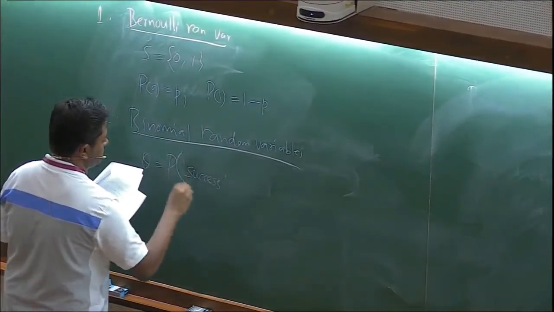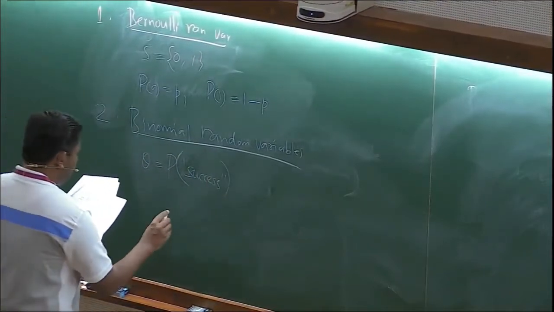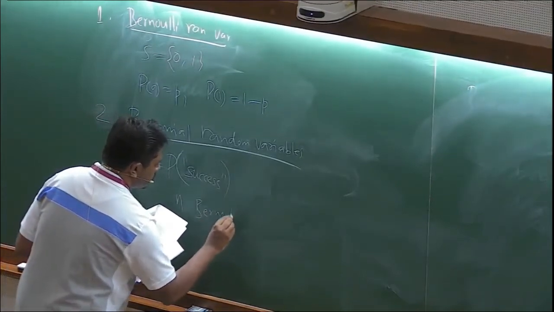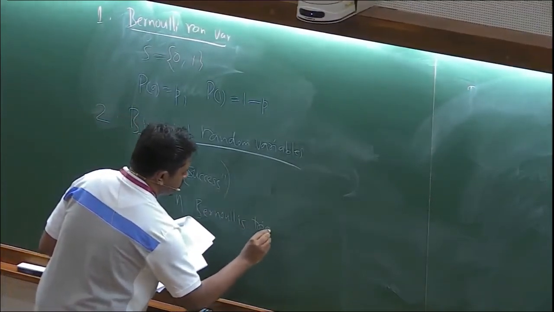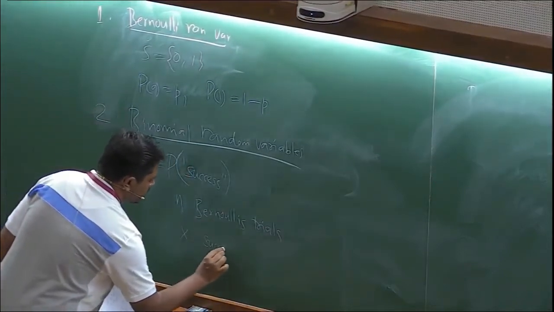You define either 1 or 0 as your success variable. So you describe n Bernoulli trials and ask what is the probability of x successes.